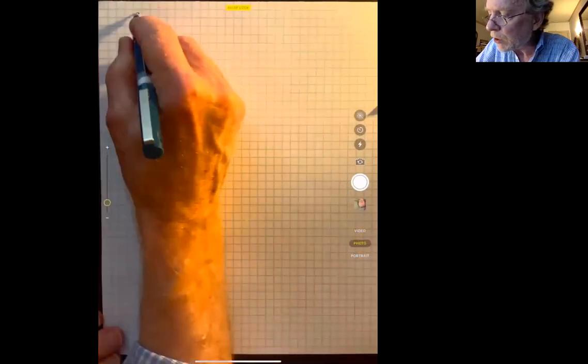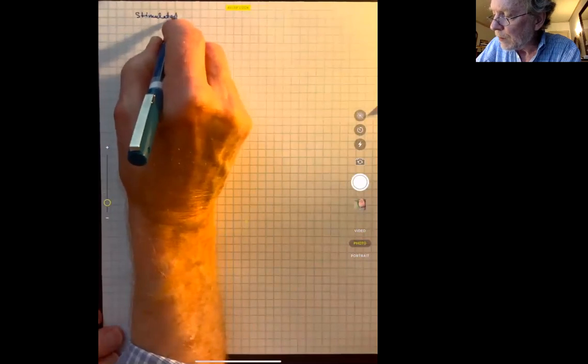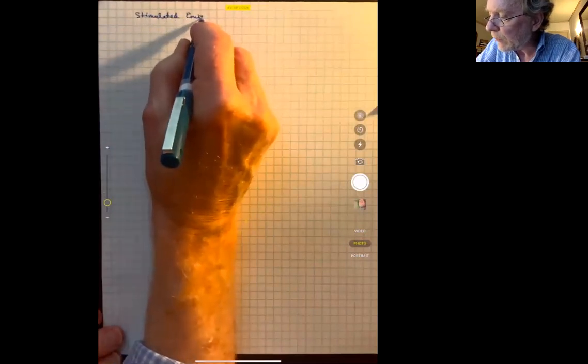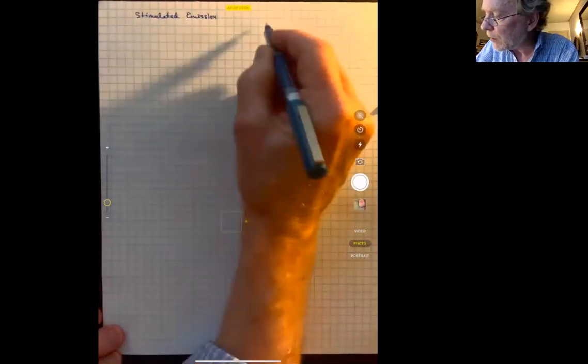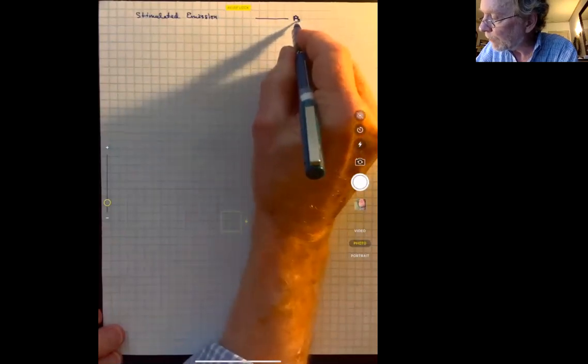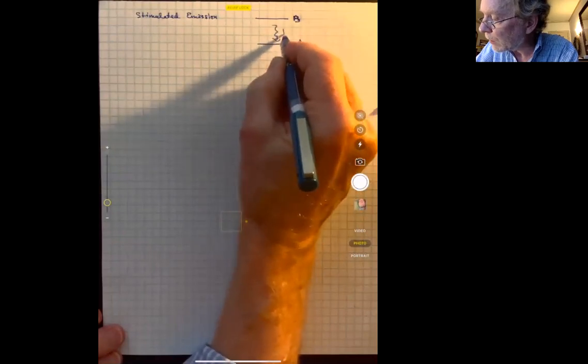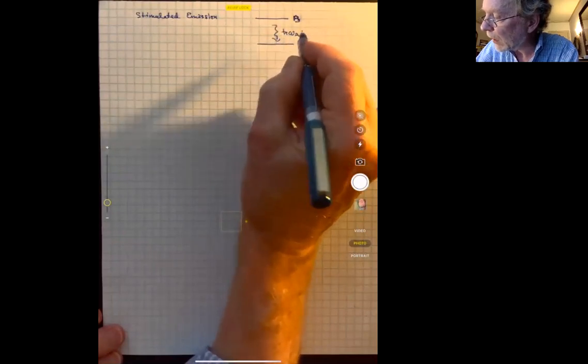So the basic idea of stimulated emission is that it's similar to the process of spontaneous emission in the sense that we have an upper state B for the atom and a lower state A, and it emits a photon dropping into the lower state, which goes out into mode lambda.